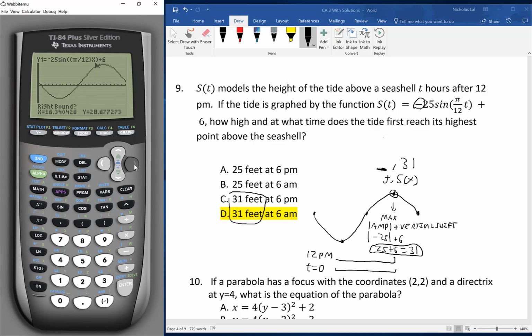You find a right-bound point, and you take your best guess.